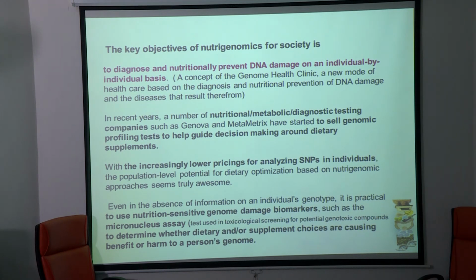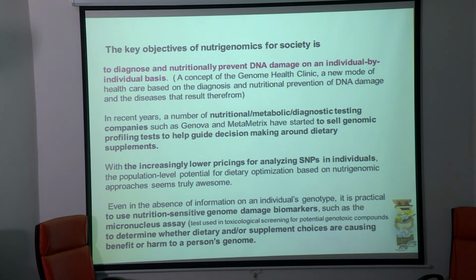And in recent years, there have been a number of nutritional, metabolic, and diagnostic testing companies. For example, Genova, you have Metametrics. They have started selling genomic profile tests to help and guide decision making around dietary supplements. And all these tests are now becoming much cheaper. So in coming times, we'll all be able to access these genomic profiling tests, and this will help in designing our own diets with more precision and carefulness, so that we can prevent the occurrence of a certain disease.